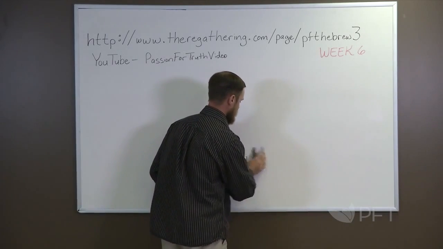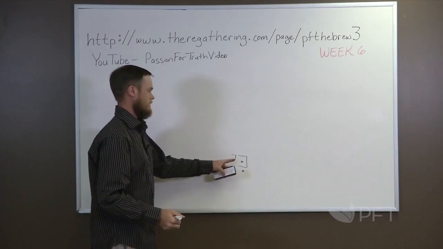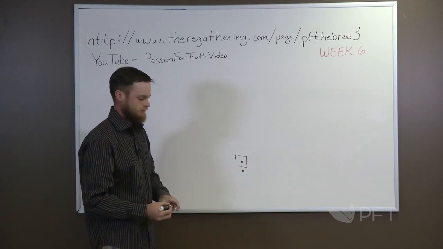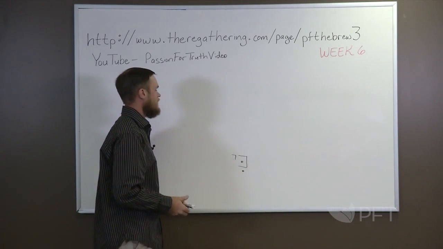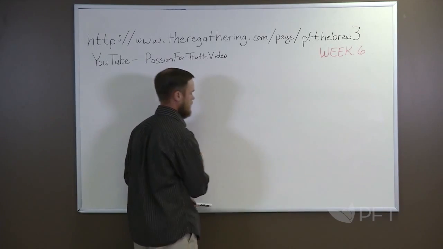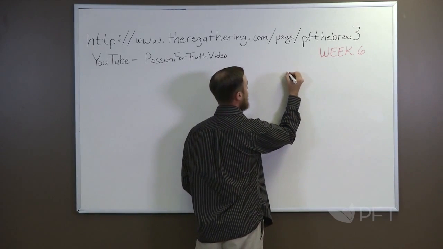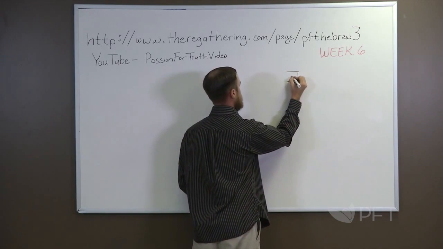And our last conjunction is ki. Okay, Kaf Cherik Yod, ki. Now, ki can also be translated that, but it doesn't mean that in the same way that asher does.